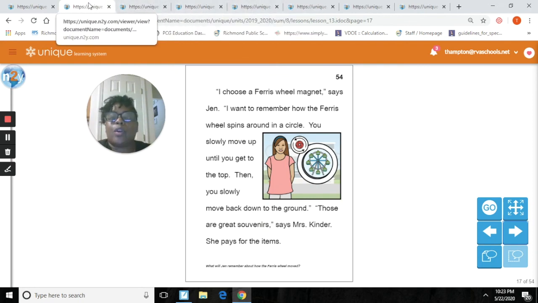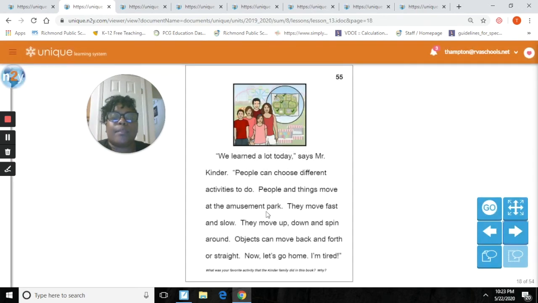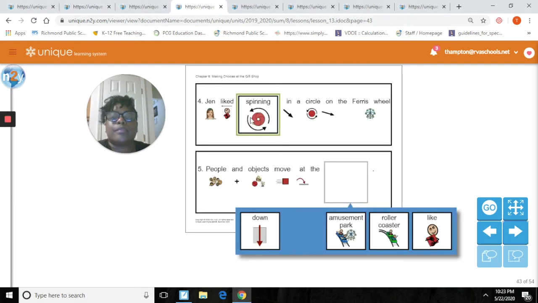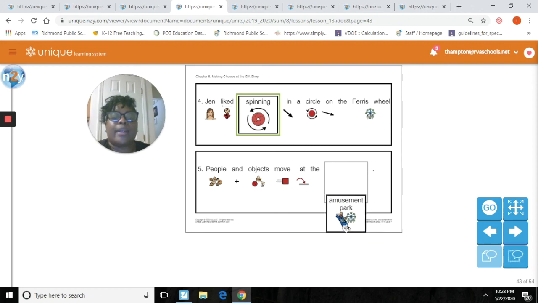So once again, we're going to go back to our story, right? And we talk about it right here. And it says people and things move at the what? Amusement park. Because here's our choice right here.